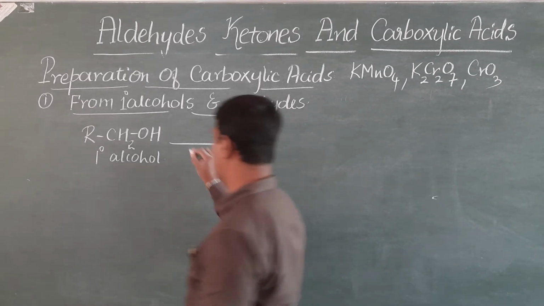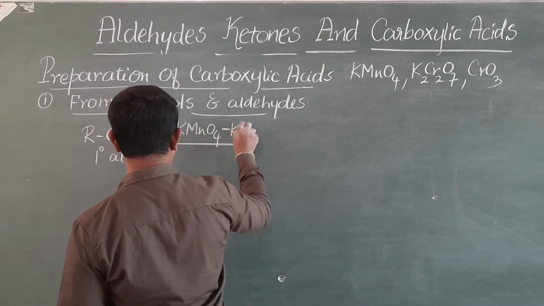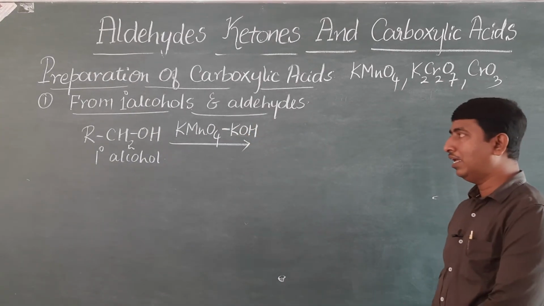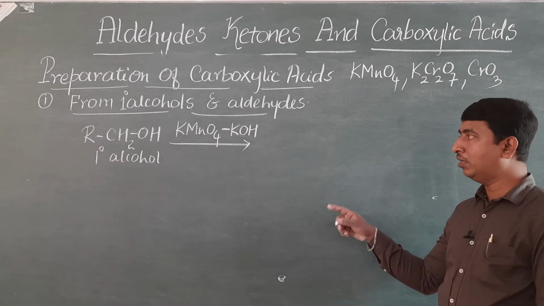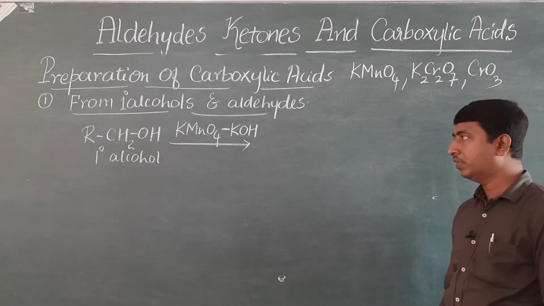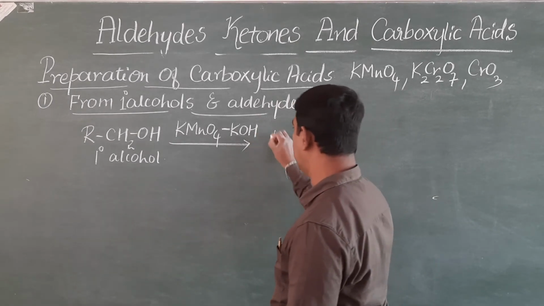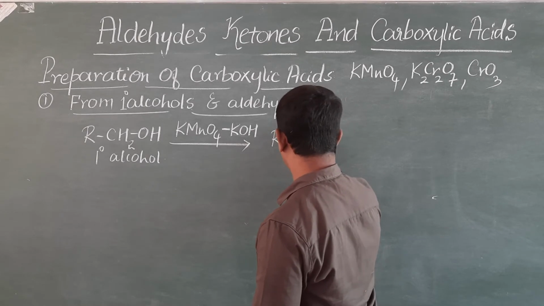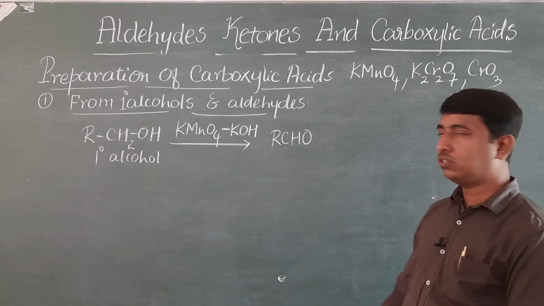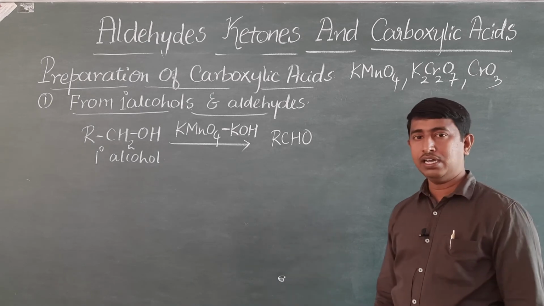So this primary alcohol, when it is subjected to oxidation by using alkaline KMnO4, alkaline means KMnO4 in the presence of a base, either sodium hydroxide or potassium hydroxide. In the presence of oxidizing agent, this primary alcohol undergoes oxidation, forming aldehyde. Due to the loss of water molecule, it will form aldehyde, RCHO.